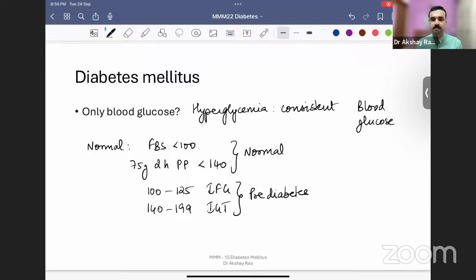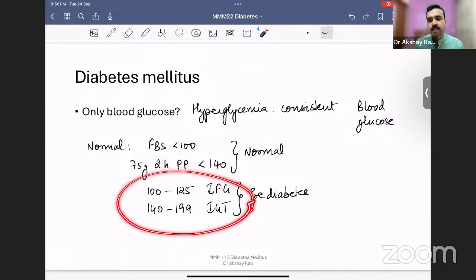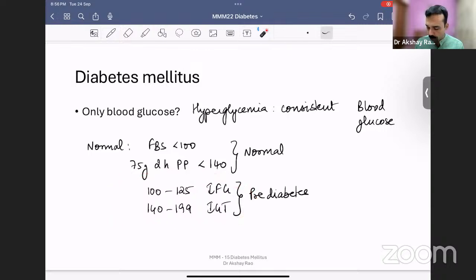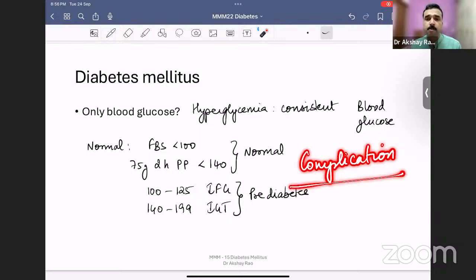How did we arrive at these values? It was through studies which showed that when the values of glucose exceed these, then the person goes on to develop complications of diabetes. That is why we are mainly worried about secondary prevention, right?